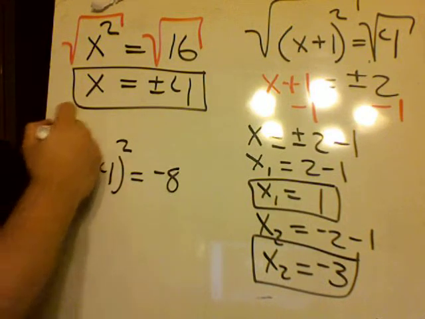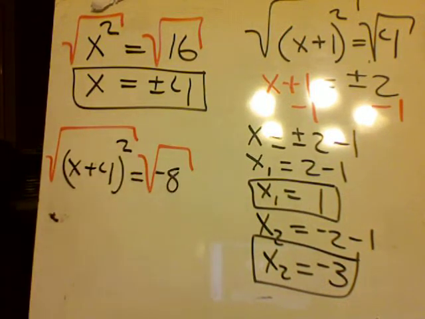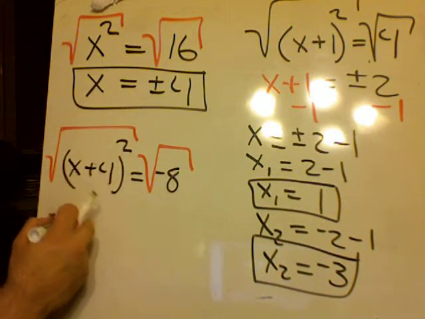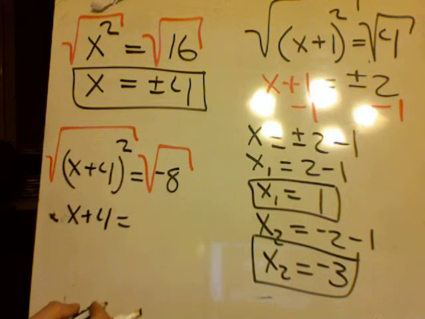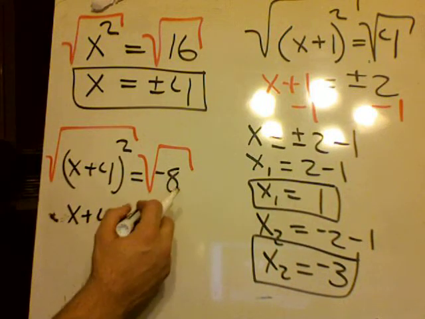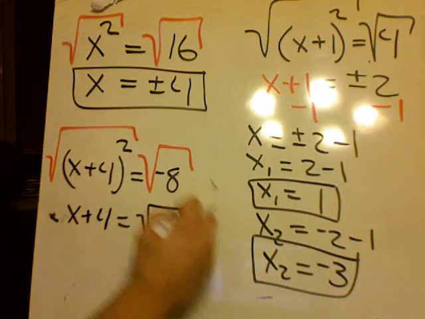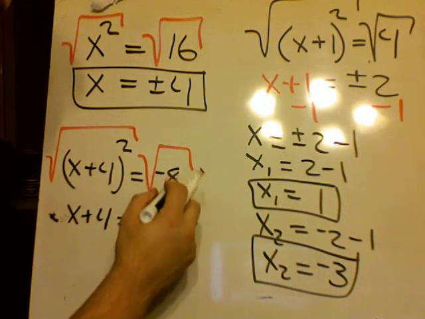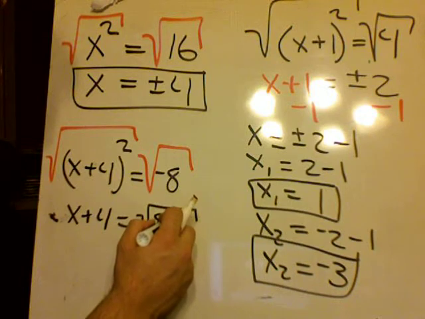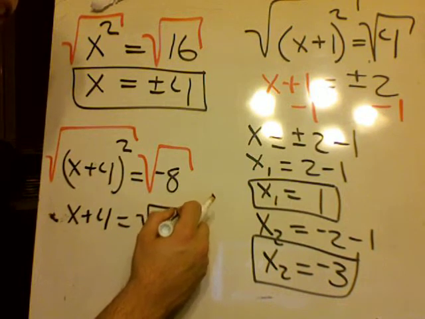Alright, so let's say I've got something a little more complex like this. Same thing, take the square root of both sides. This is going to leave me with x plus 4. Then over here, I've got something kind of complex: the square root of negative 8. I'm going to rewrite that as 8 times negative 1.